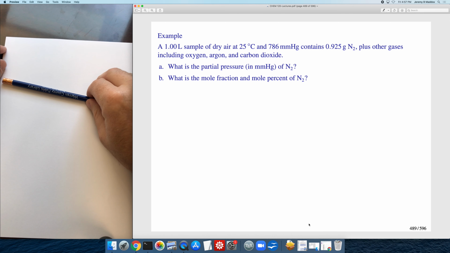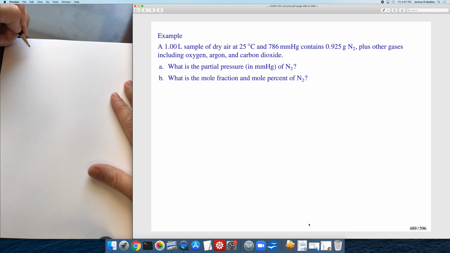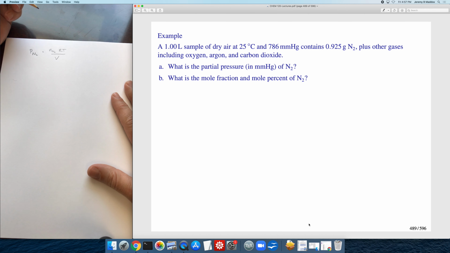And so what we can do is use the ideal gas law at the level of the partial pressures. So the partial pressure of the nitrogen gas is going to be equal to the number of moles of nitrogen gas times R times T divided by the volume of the mixture.